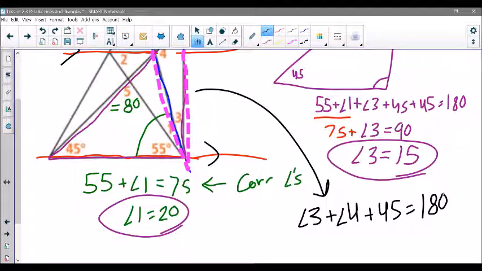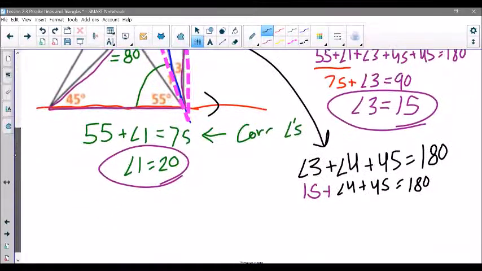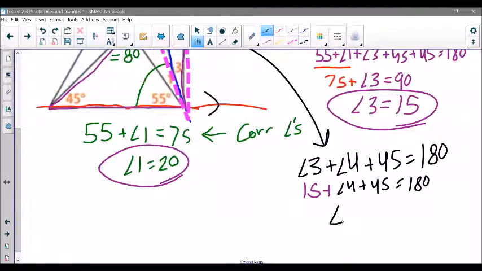We already know what angle 3 was. We found out that was just 15. So we have 15 plus angle 4 plus 45 equals 180. Therefore, subtract everything over, and we're going to get angle 4 equals, let's see, 15 plus 45 makes 60. 180 minus 60 gives us 120.